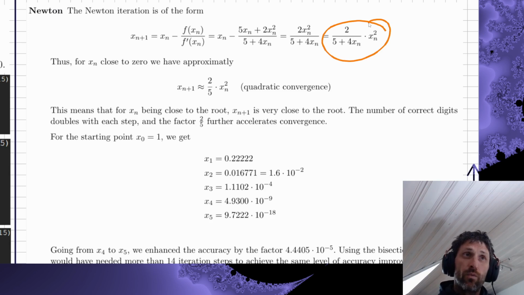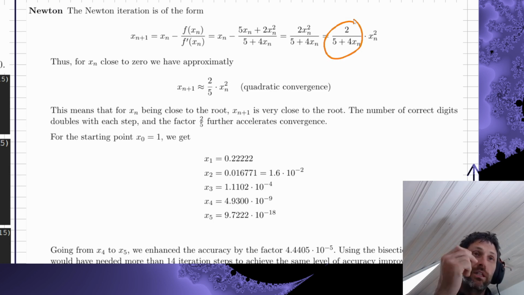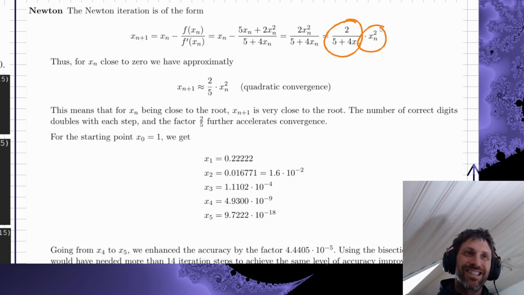And what does that mean? What do we see? We see if xn is close to 0, this will be approximately 2 divided by 5, 0.4, times the last xn squared.